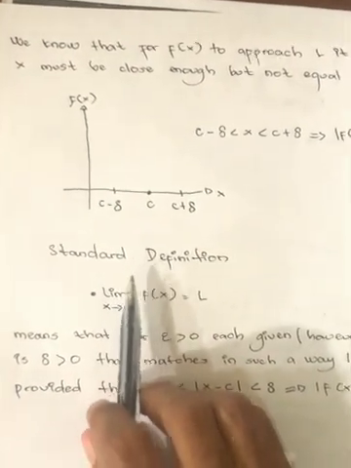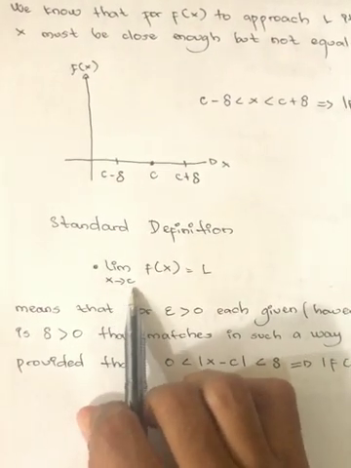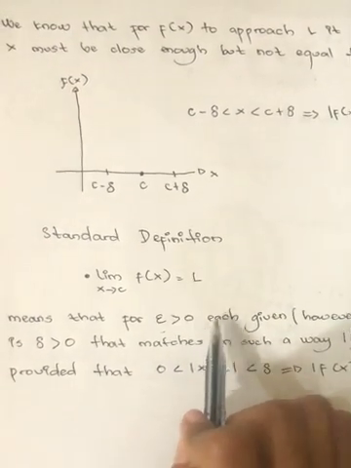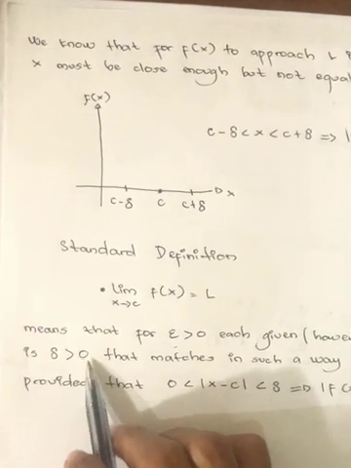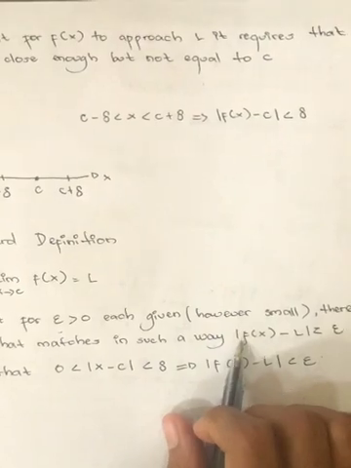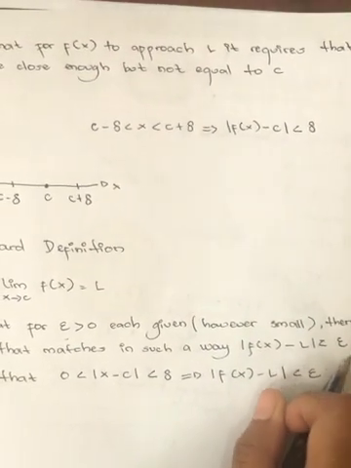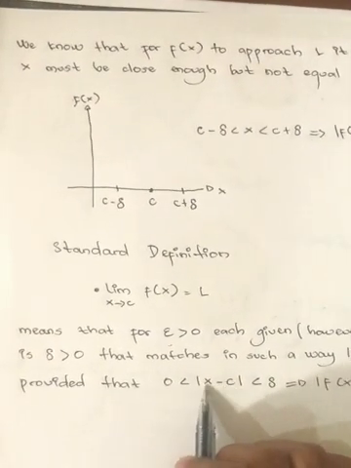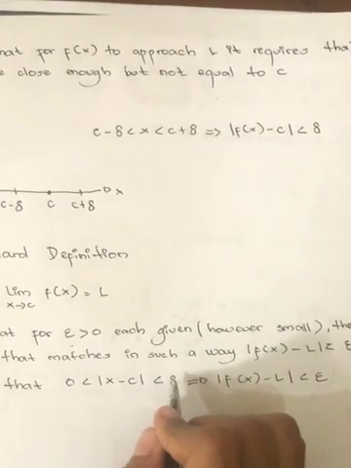Here we talk about the standard definition. The limit of f(x) equals L as x approaches c means that for every epsilon greater than 0, however small, there is a delta greater than 0 such that the absolute value of f(x) minus L is less than epsilon, provided that 0 is less than the absolute value of x minus c, which is less than delta.